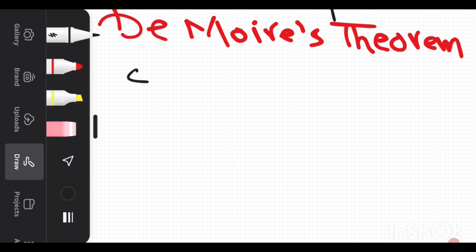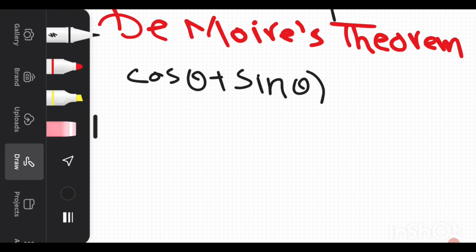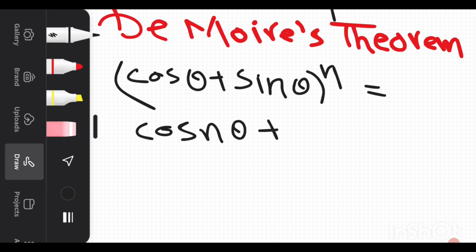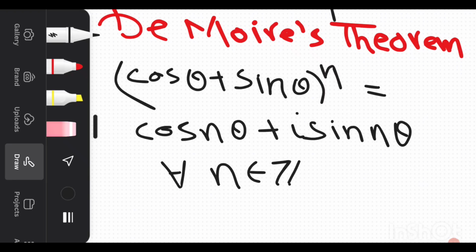It says (cos theta plus i sin theta) whole power n will be equal to cos n theta plus i sin n theta for all n belonging to the set of integers. So this is the statement of De Moivre's theorem. We will use this statement in complex numbers whenever we need powers like (cos theta plus i sin theta) whole power n.